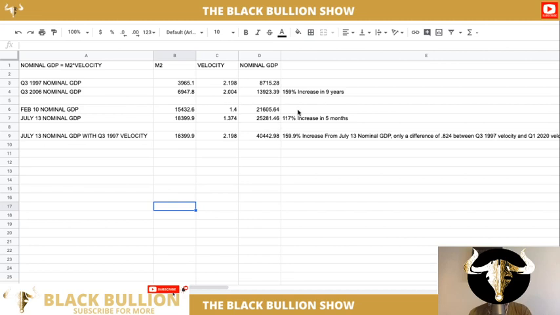That was a 117% increase in 5 months, guys. Mind you, a 159% increase in 9 years is what we saw between 1997 and 2006. In 5 months, we saw a 117% increase.